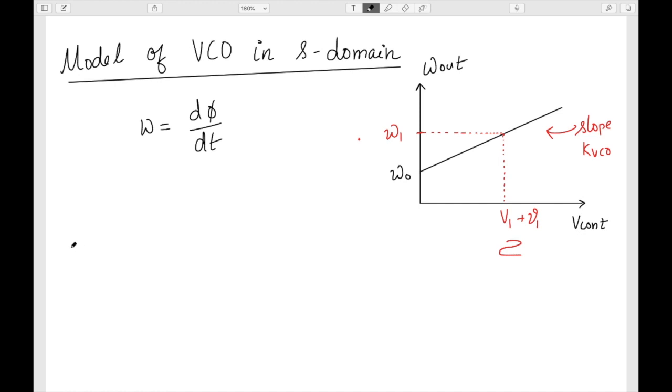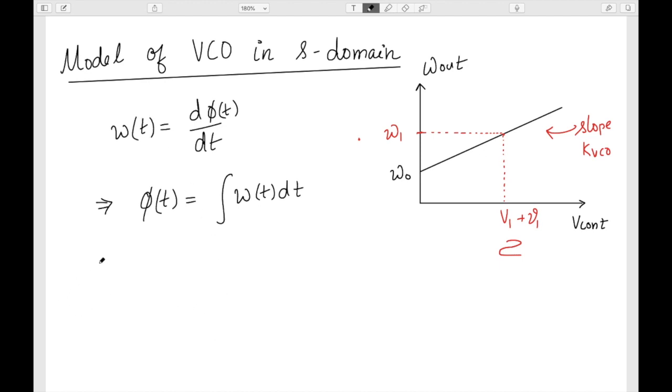Or I can write it as, this implies phi(t), if I just rewrite, is basically the integration of omega(t) dt. I'm just showing the t variable here, because it is now dependent on time, it is changing with time.